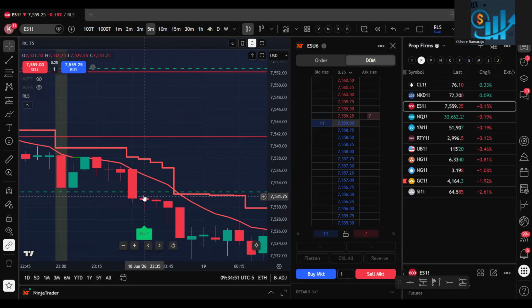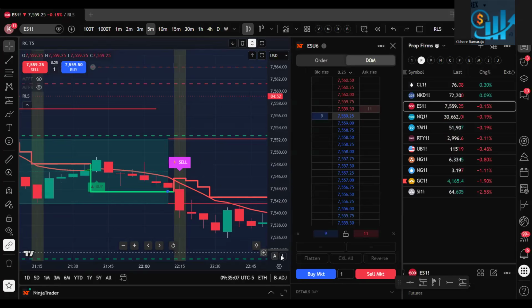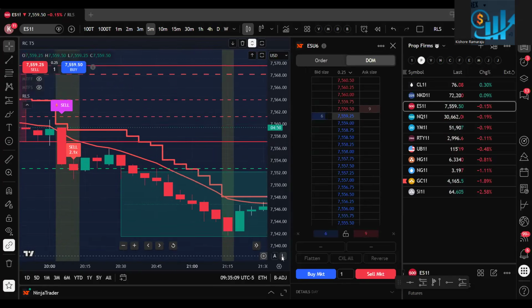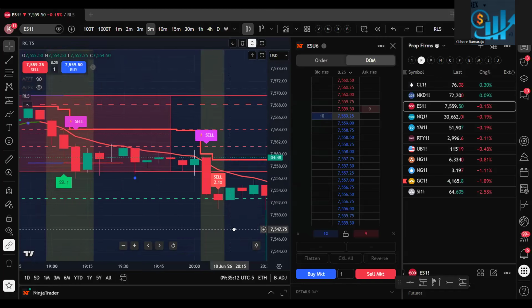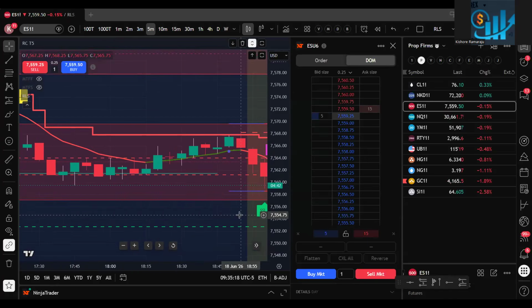There was a big wick at the bottom, but you don't have a proper follow-up candle. So we don't buy here, right? You should have a sell side liquidity, then you should have a sell side liquidity buy. So for example, again you have a sell side liquidity, but you don't have a buy signal here.